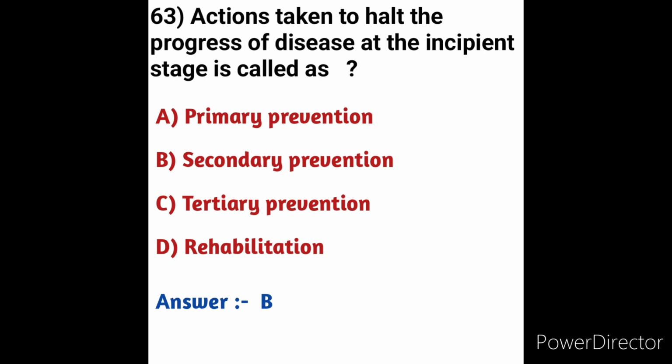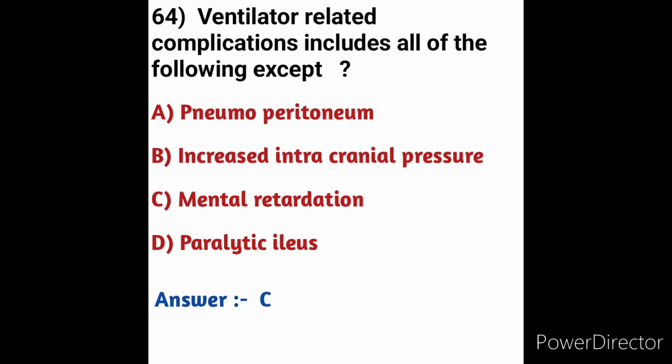Move on to question number 64. Ventilator related complications include all of the following except. Option A, pneumoperitoneum, option B, increased intracranial pressure, option C, mental retardation, and option D, paralytic ileus. Here the exception among the ventilator related complications is option C, mental retardation.